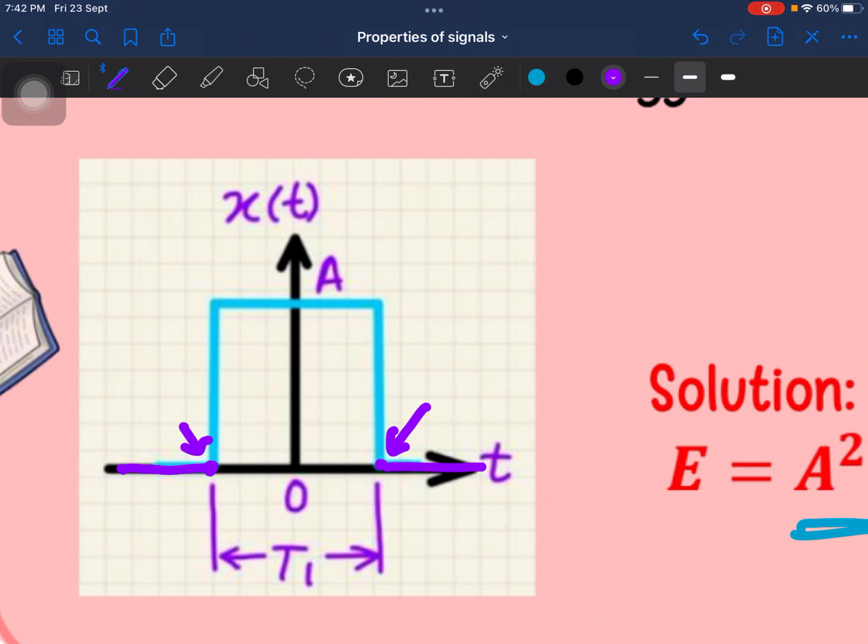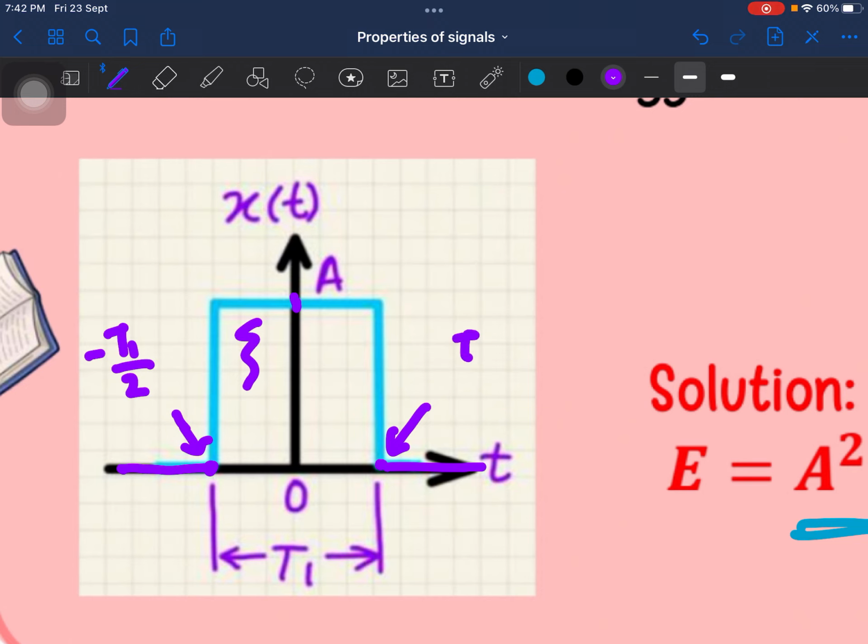The width of this rectangle is T1, and this 0 point is in the middle of the rectangle. So this point is on the negative side because it's smaller than 0, and it will be minus T1 over 2, because the width of the rectangle is T1 and this is the middle, so this part must be half of T1.